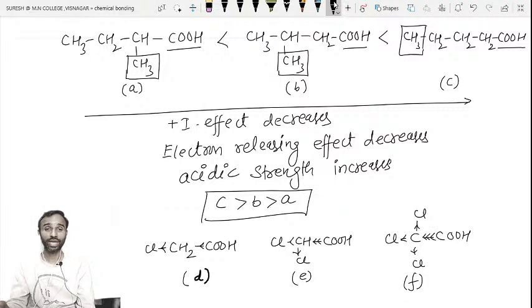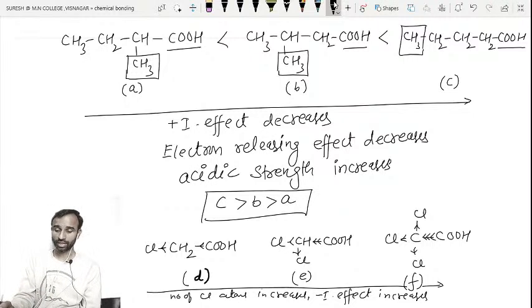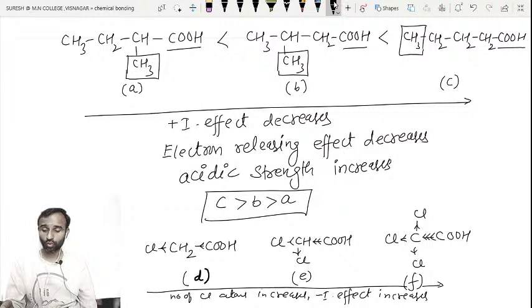So as number of electron withdrawing groups increases, as we go along this series, number of Cl atoms increases, so minus I effect increases, so acidic strength increases.